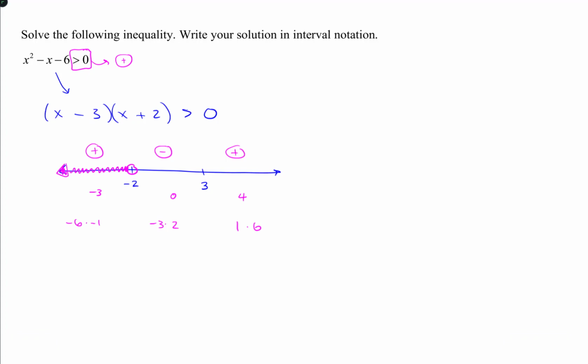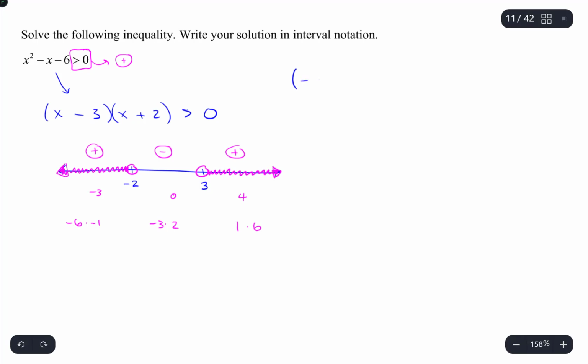All right, and then again, starting from 3, but not including it, and then going off to positive infinity. So our final answer in interval notation will look like -infinity to -2, exclusive, and then union, which joins two sets together, 3 to positive infinity.